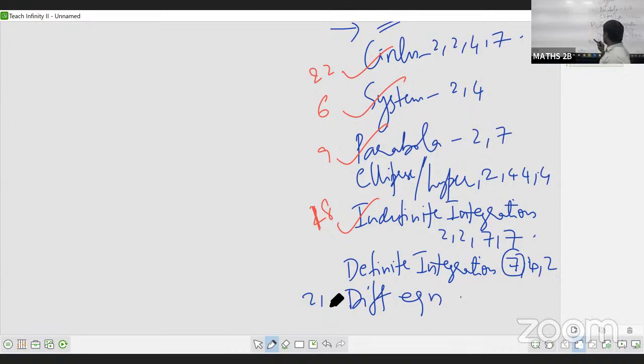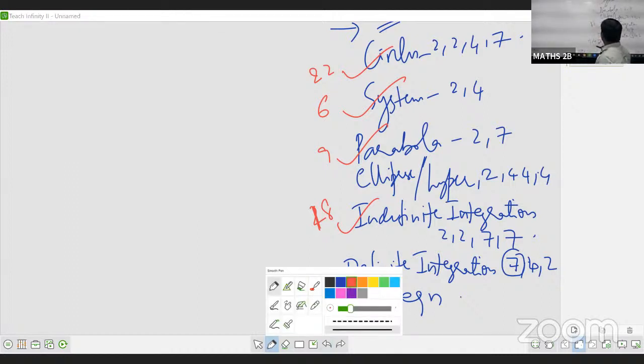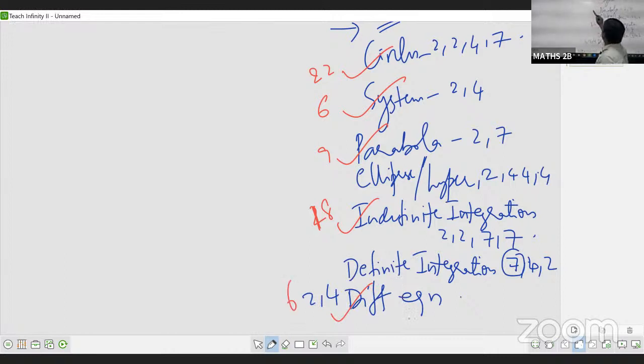So here 1 2 and 1 4 you have to do it. Is it clear? So this chapter is of 6. See here, 22 plus 6 plus 9 plus 18 plus 6. Here it is 24, 22 and 15. So almost 64 marks. Easily you can score if you concentrate on these chapters.